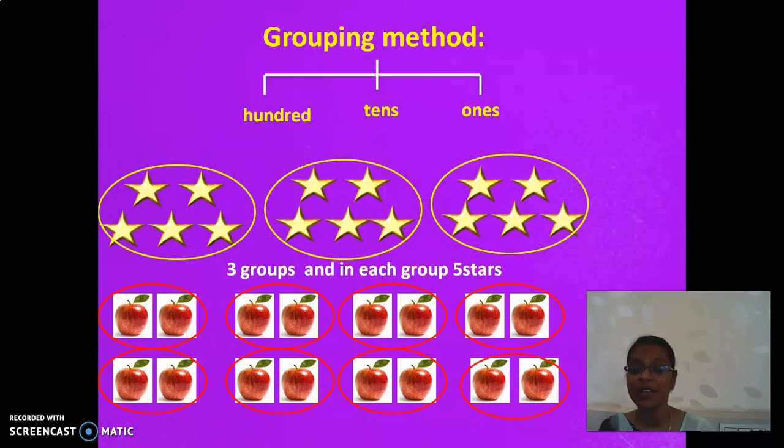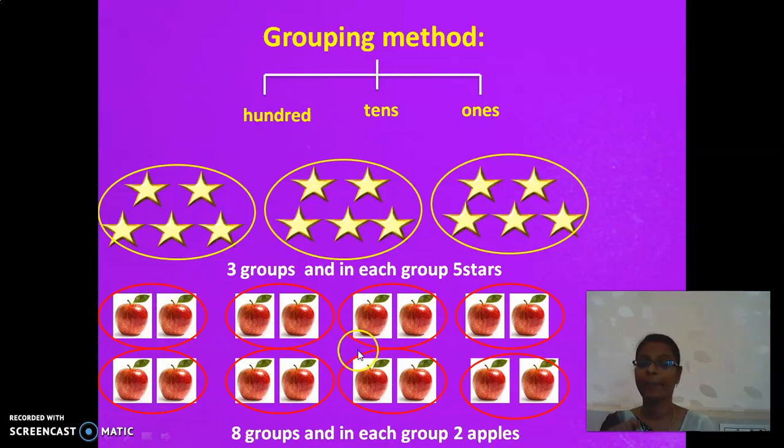So how many groups are there totally? 1, 2, 3, 4, 5, 6, 7, 8. So totally I have 8 groups, and in each group I have 2 apples.